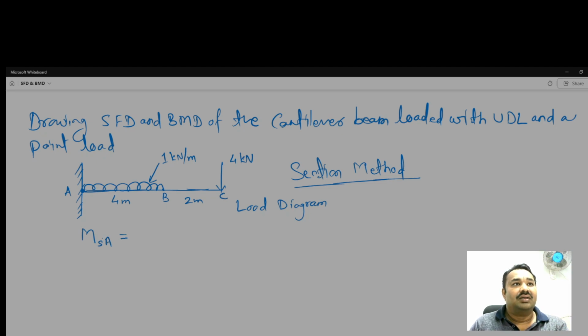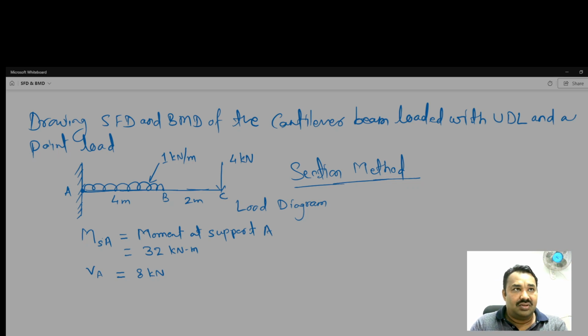The support reaction means the moment reaction, the resisting moment, it is the moment at the support A. What we get here, 32 kilonewton meter, and VA, after satisfying the equilibrium conditions, we will get VA 8 kilonewton.